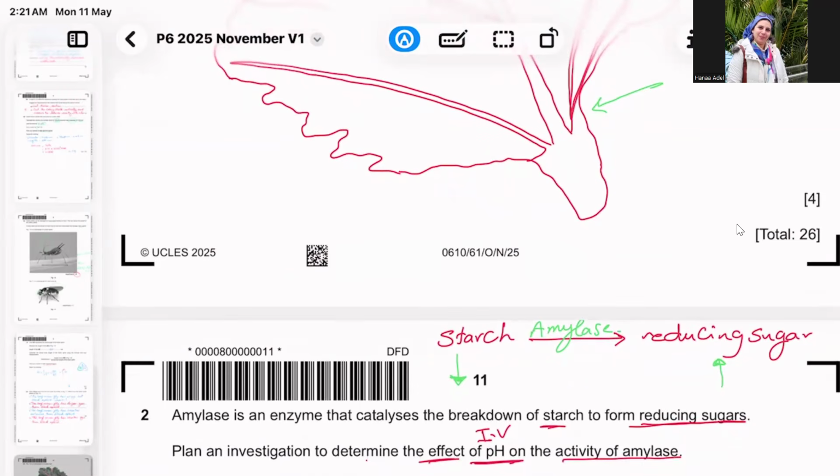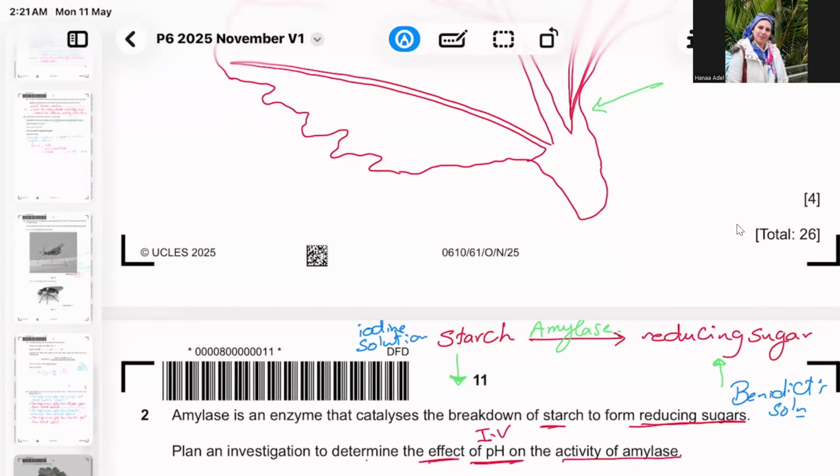The disappearance of starch, because its concentration decreases to form reducing sugar, so we can use iodine solution in the case of starch disappearance, and we can use Benedict solution in the case of appearance of reducing sugar.